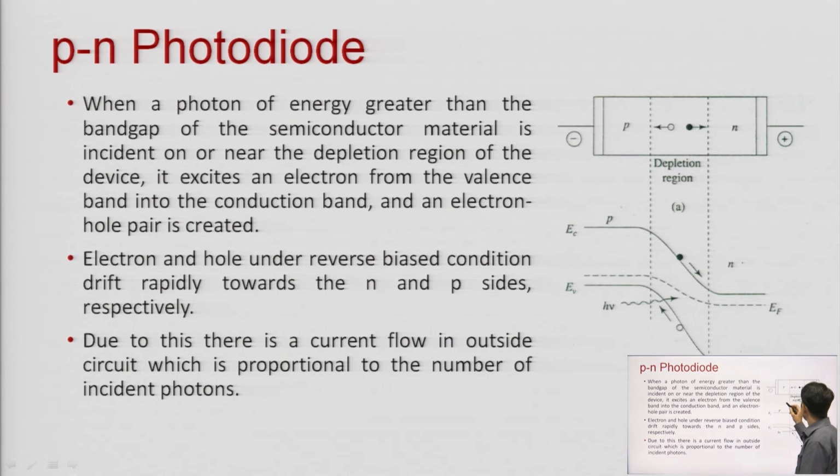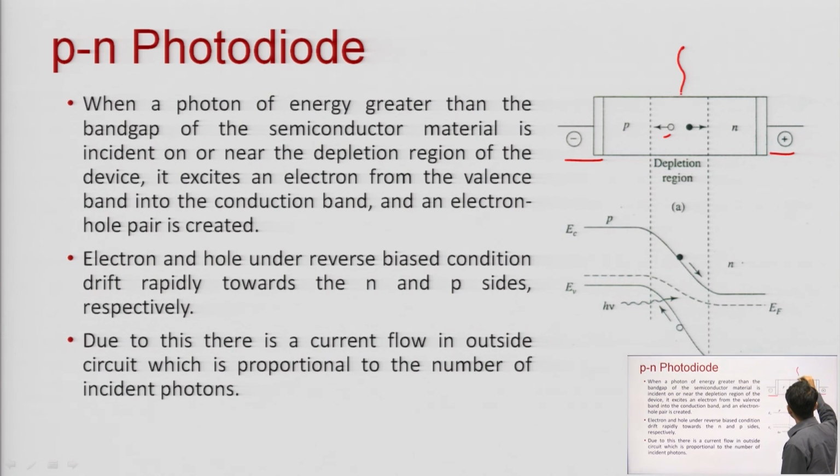So, this is a p-n junction and it is reverse biased. So, P is connected with negative terminal, N is connected with positive terminal. So, what will happen? When we reverse bias any p-n junction, we know the width of junction region increases. The holes will move towards P region and the electrons will move towards N region, and this will further increase the width of this depletion region.